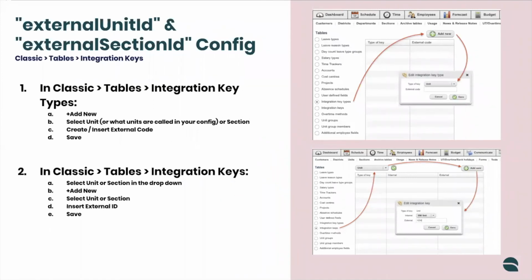So within Classic, within settings and within tables, there is some configuration that needs to be done to set up integration keys. Those integration keys would need to be done for the unit and or the sections if you're looking to forecast or post data at a section level. So there's setup that needs to be done to create the type for unit, but also then create the actual integration key.